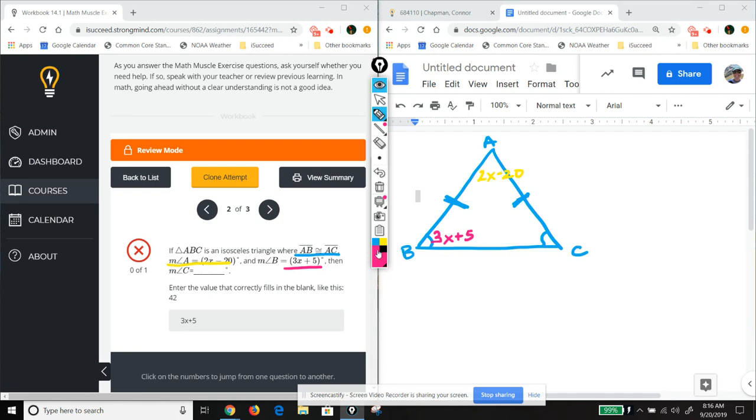Now, because of my drawing, I also know the measurement of angle C, because remember our definition of isosceles, those two base angles have to be the same. That is why I really love drawing the triangle, because I would have missed that piece of information had I not seen that B and C were the same angle measurements.